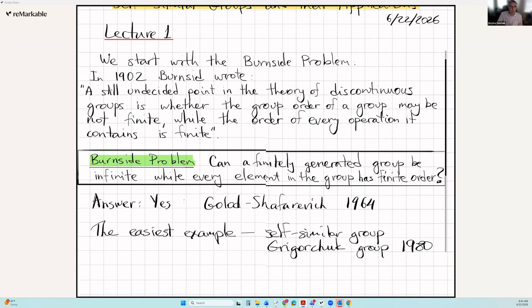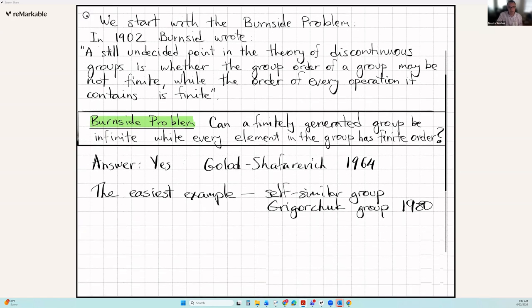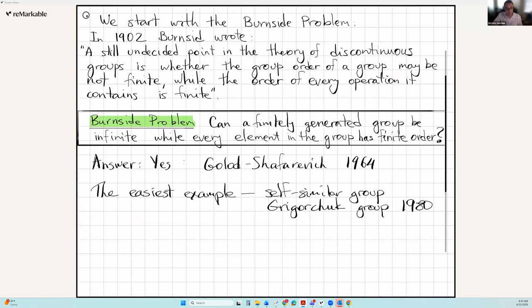Later on, it was discovered that this class answers not just the Burnside problem, but also other problems. Maybe I'll talk about them in more detail later. Specifically, for example, Milnor's problem on growth of groups. This Grigorchuk group happened to also be of intermediate growth. I'll talk a little more about that later.